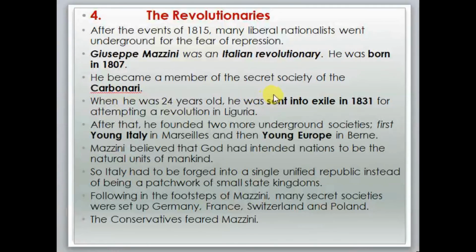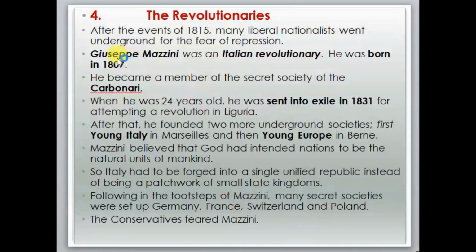Secret societies emerged in many European states to train revolutionaries and spread their ideas. Most of these revolutionaries saw the creation of nation states as a necessary part of this struggle for freedom.